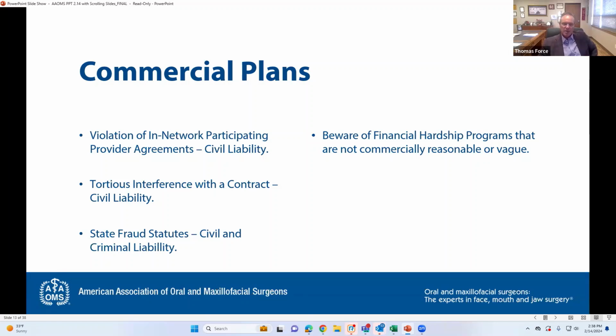A lot of practices tell me, well, I'm okay, I have a financial hardship policy. Be aware that simply having a financial hardship policy is not good enough if it is either vague or not commercially reasonable. I had a client once tell me, and we'll talk more about this when we get into financial hardship, I have a financial hardship policy. It's called an indigency policy.